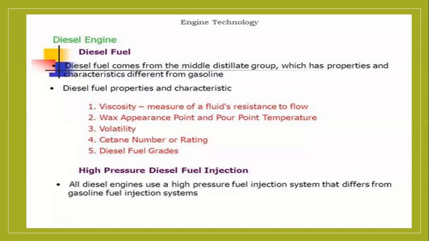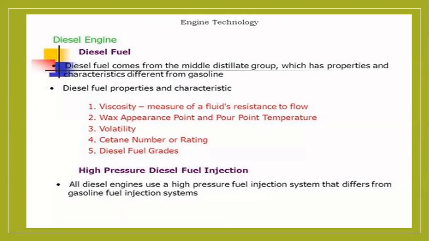If you pour it on a surface, it will flow very little. That's why it is resistance to flow. Then wax appearance point and pour point temperature. I told you about different vaporization temperatures. So here diesel has different temperatures. Okay.